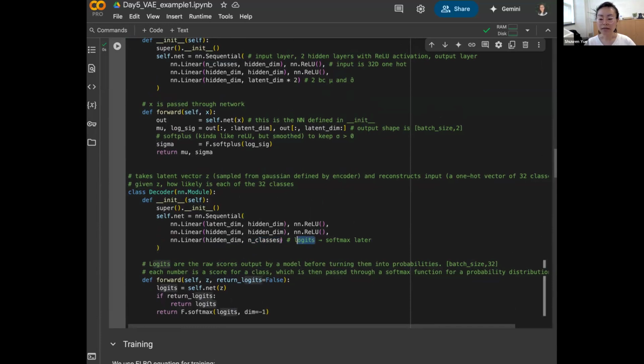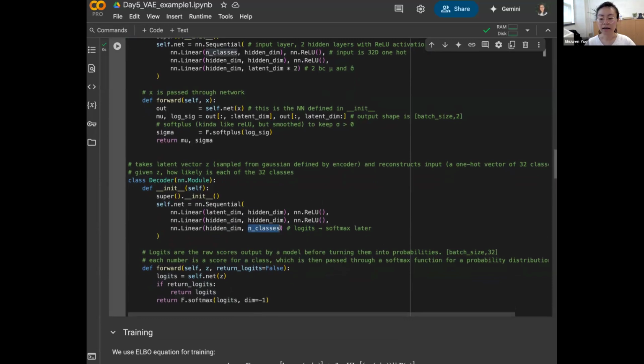It's called a logit, by the way. So the initial thing that comes out is not actually the probability distribution. It's a raw score that is output by the model before we need to turn it into a probability. So this is just initializing that decoder. Then here we're inputting the data into the decoder, and then we use a softmax to turn it into a probability distribution.